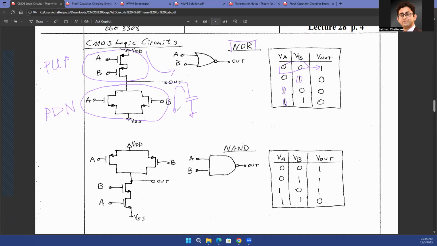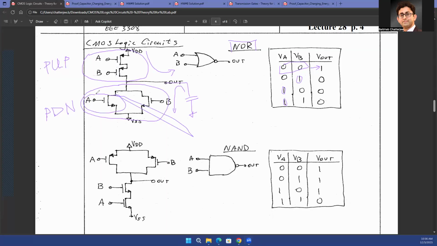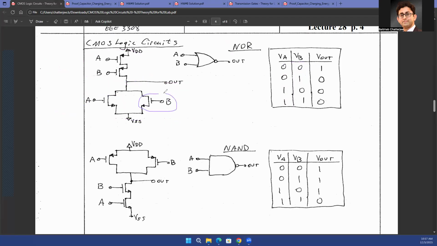Okay, so now you have these switches, and if any of these switches is on, the output capacitor is going to be discharged, right? So how to implement that? If you put the switches in parallel, let's say I have a switch which turns on when A is high, or I have a switch that turns on when B is high. So I have a transistor which turns on when B is high. I also have a transistor which turns on when A is high.